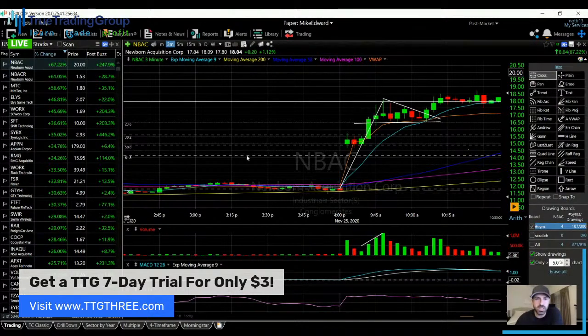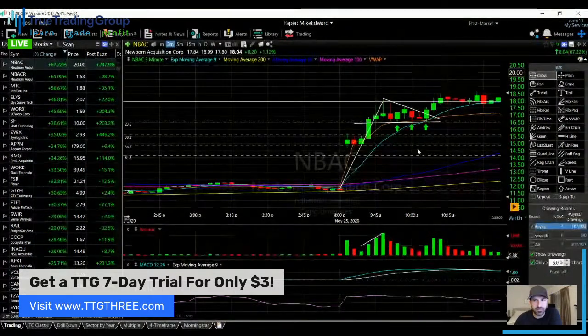What do you notice? You notice that the 23.6 Fibonacci retracement level right here, there's your 23.6 Fibonacci retracement level, lines up dead even with what? VWAP. And then here's your trade line. Now you have 3 different indicators, 23.6 fib level, VWAP, and trade line, all converging at the exact same price point of 16.50.